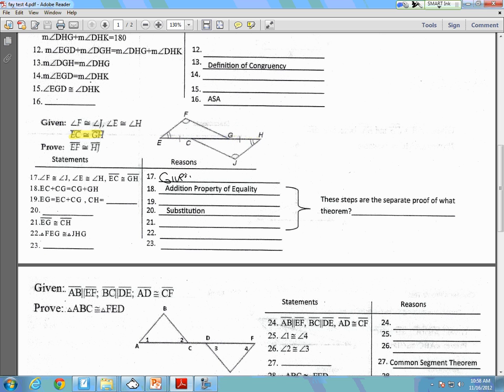If that still doesn't make sense to you, there are some proofs online in chapter 4 sections showing the common segment theorem, and look through that proof again and just justify to yourself that that is true.